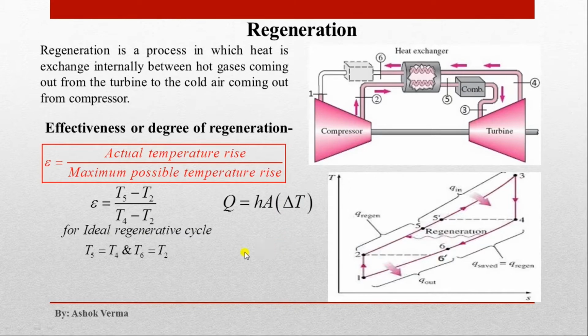So for the ideal regenerative cycle, T5 will be equal to T4 and T6 will be equal to T2, means the final rejection temperature will be equal to T2. So effectiveness will be equal to T4 minus T2 upon T4 minus T2, equal to 1. So for an ideal regenerator, the effectiveness will be equal to 100%.